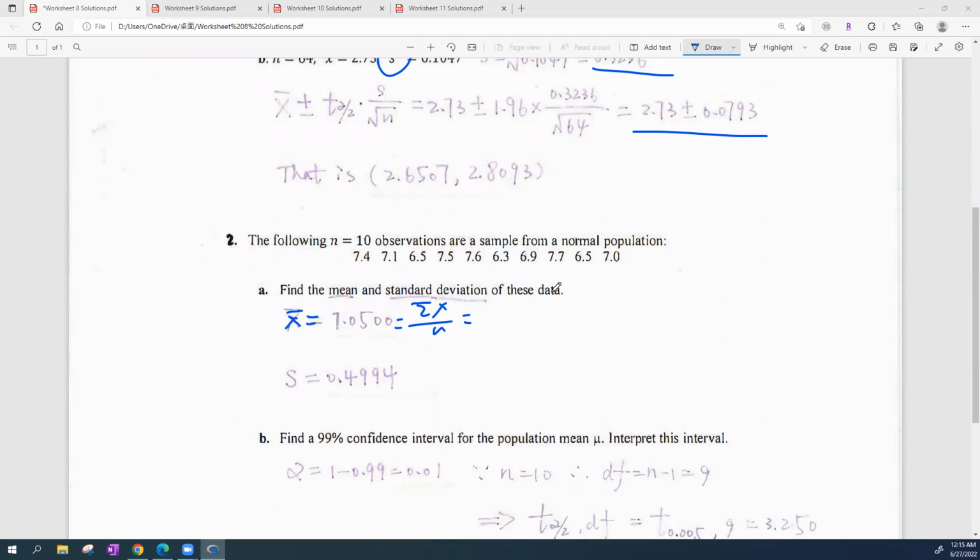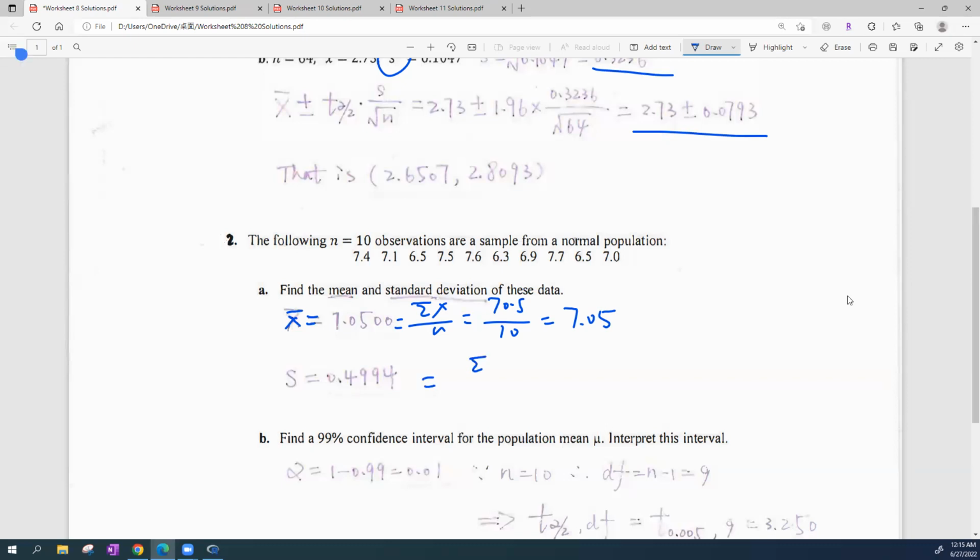So the sum is 70.5, divided by 10, so we got 7.05. And for the standard deviation, we can use the shortcut formula.